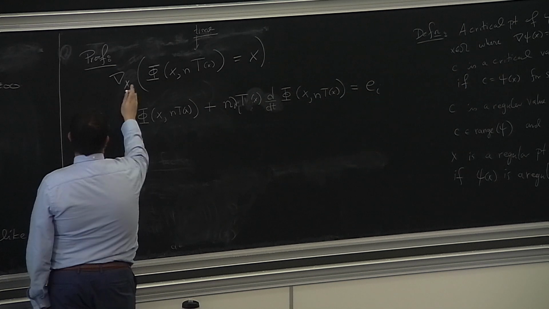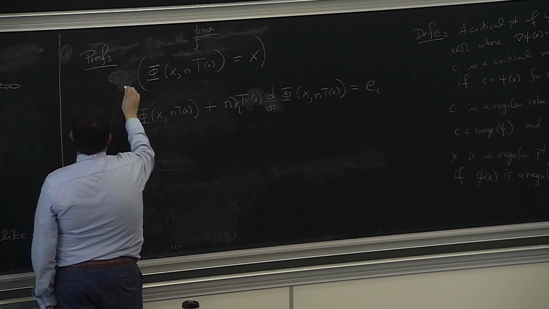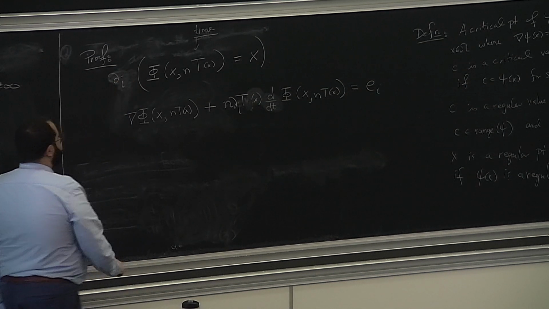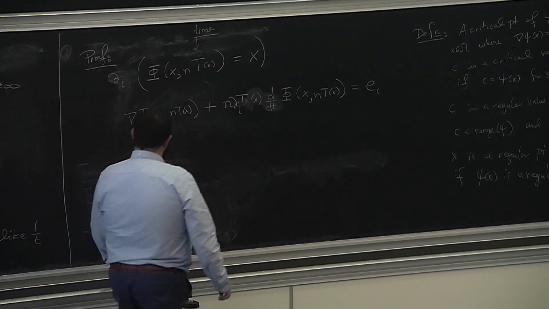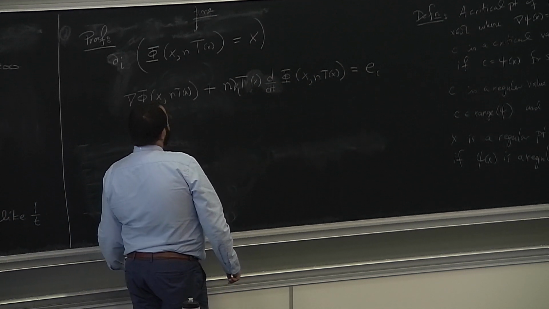Okay, so I just take d_i of both sides. Okay, this is potentially a very embarrassing computation.